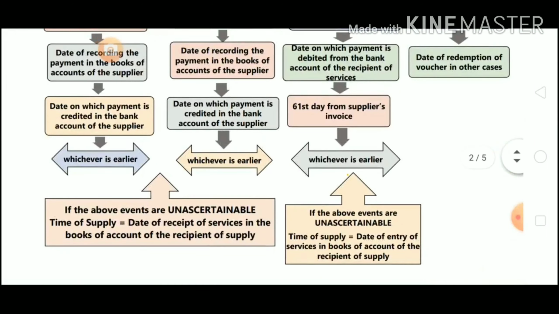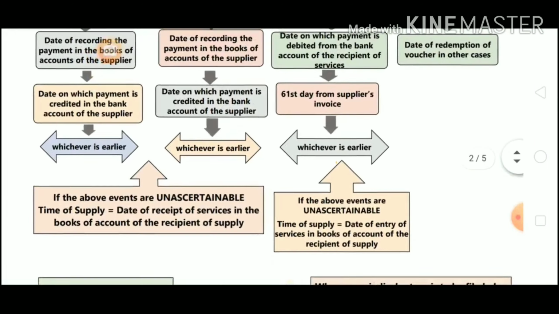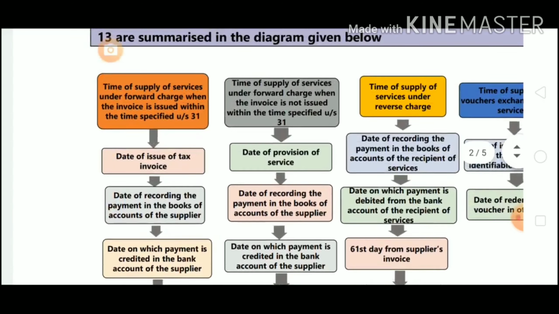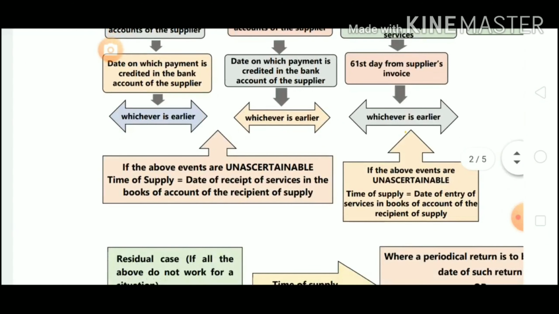Now in this case, in case of services, if this is forward charge, they have given the common arrow over here. In forward charge, they have said that if the above events are unascertainable, then time of supply will be the date of receipt of services in the books of account of the recipient of supply.